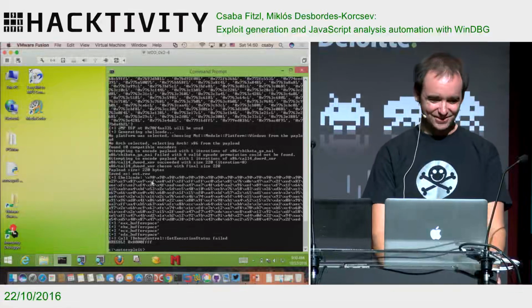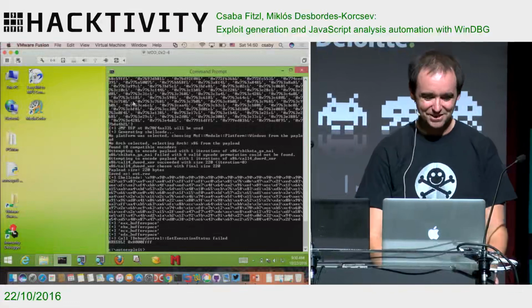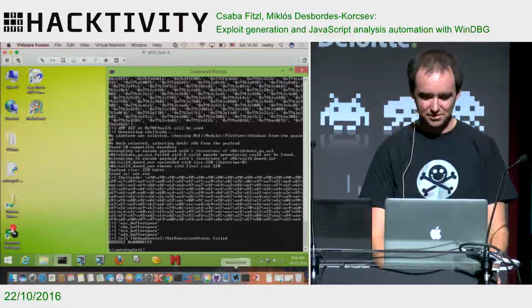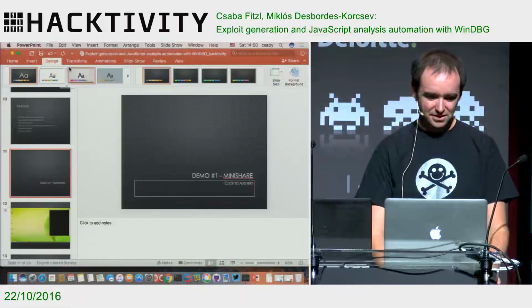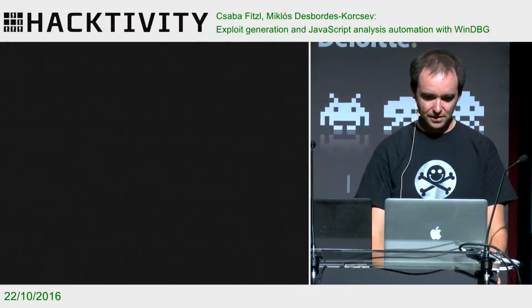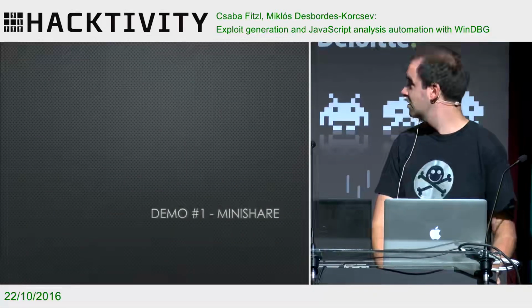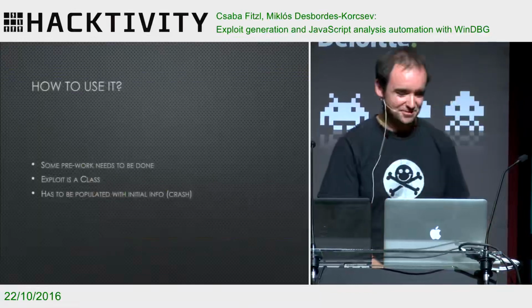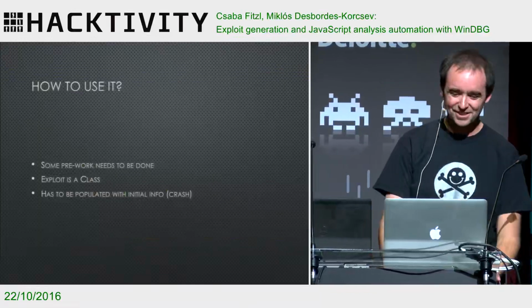I'm not sure why it didn't do it properly manually. Anyhow, let me switch back to the presentation. So I have a video here just in case it didn't work, but it worked, so no need to show that.